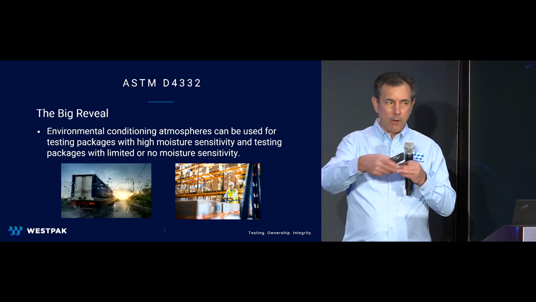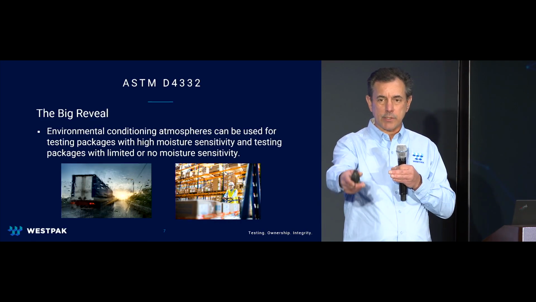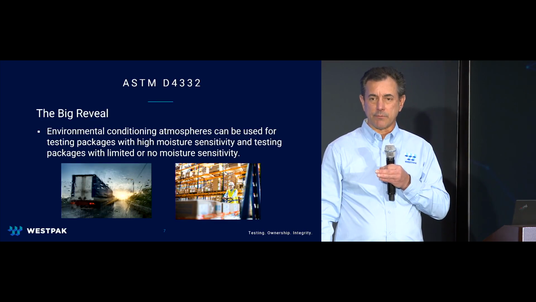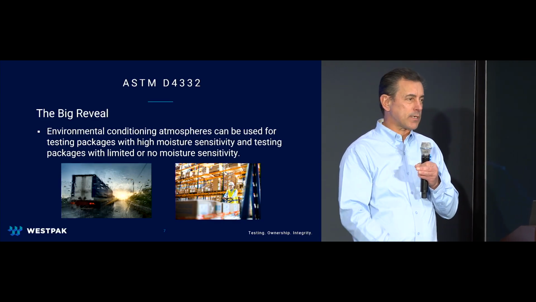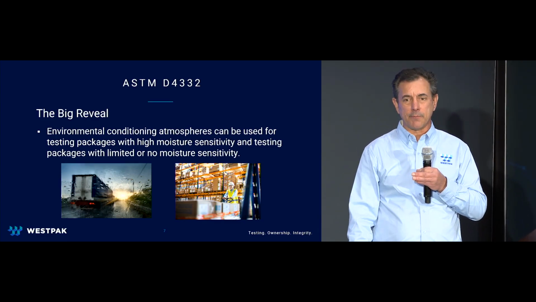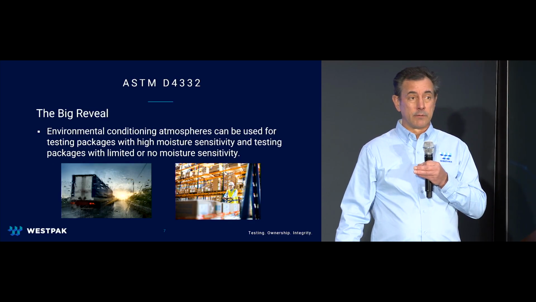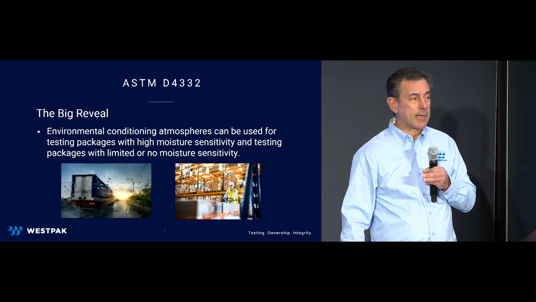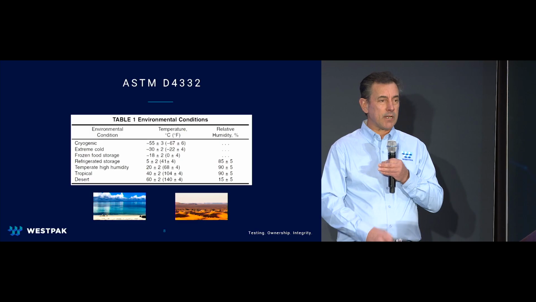So if I were to take a poll right now with all of you here and say, what temperature do you need to test to? A hot condition, a cold condition, a frozen climate, hot and humid climate? Where are you going to get that information? You're going to measure it? Well, that takes a lot of time and effort. Fortunately, there's a table in the standard itself.